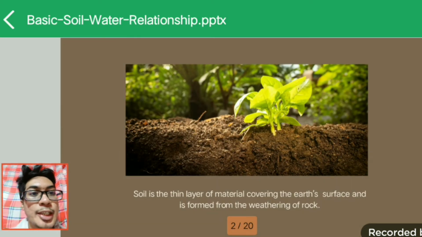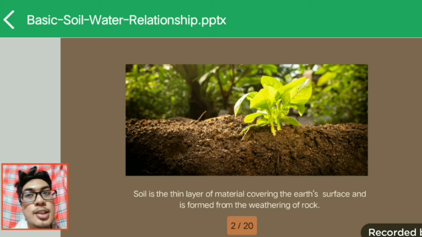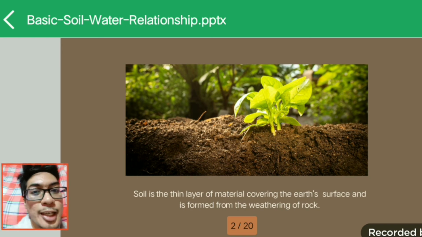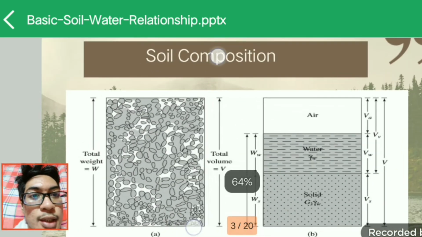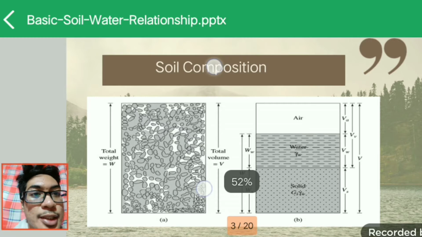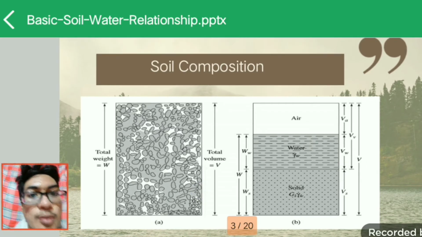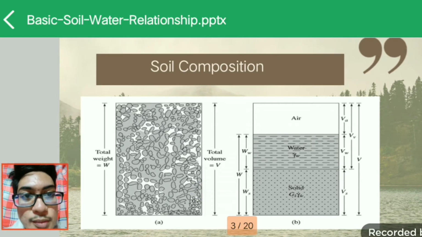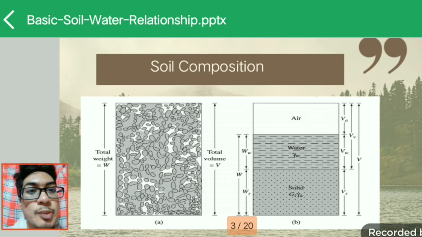Soil is a thin layer of material covering the Earth's surface and is formed from the weathering of rocks. If you go to your backyard and gather a soil sample, you are going to see what you have on the left side. That is the natural, normal state of soil.